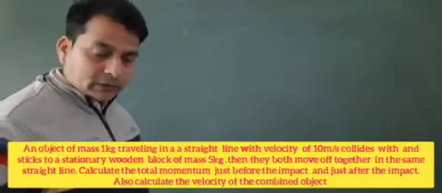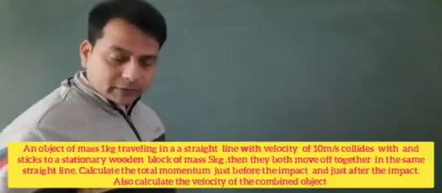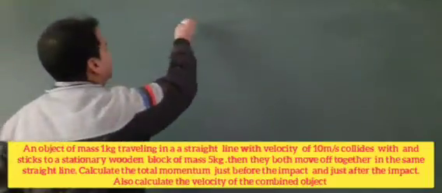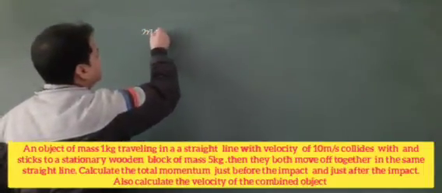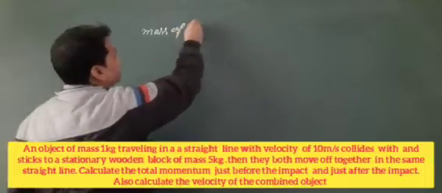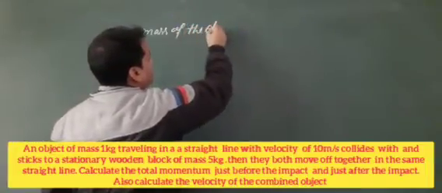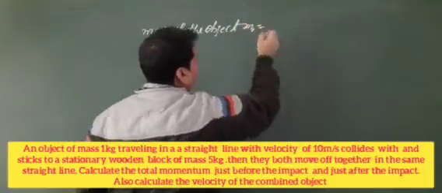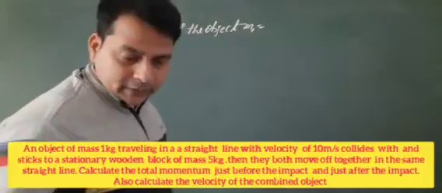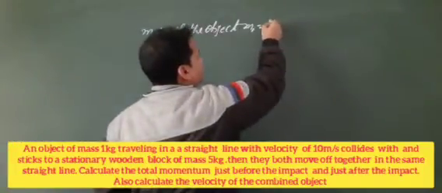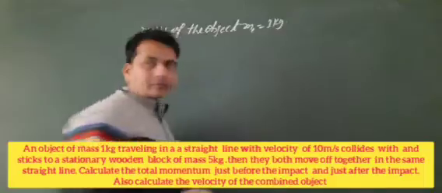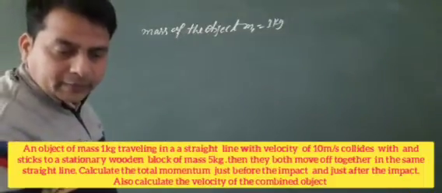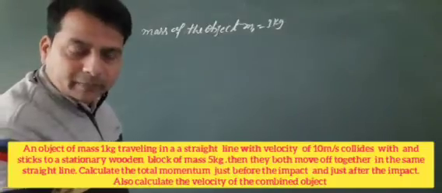So here is some clue given in this question. The first clue: mass of the object, M1, is given here, 1 kg. And 1 kg is traveling in a straight line with a velocity of 10 meter per second.